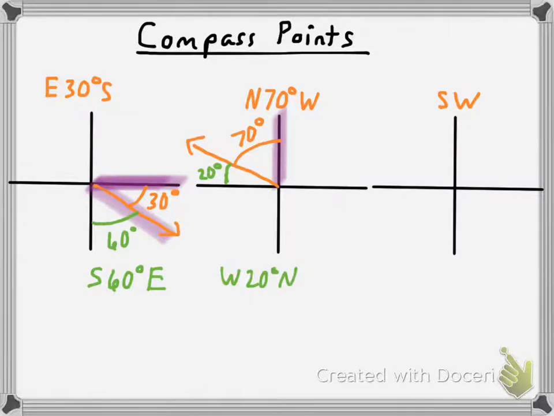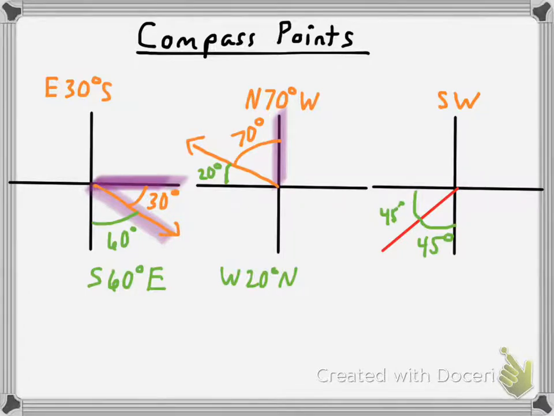So southwest would be going this way, and you'd have 45 degrees on either side of that. Okay, so those are compass points, and when you see a problem that says that somebody walked north 20 degrees east and then turned south 70 degrees east, this is what they're referring to.